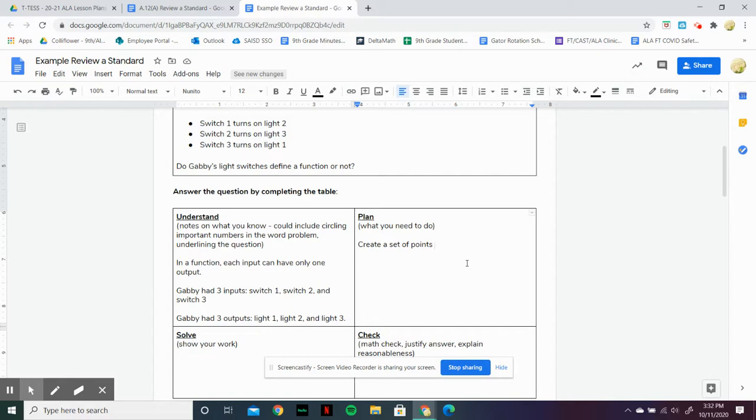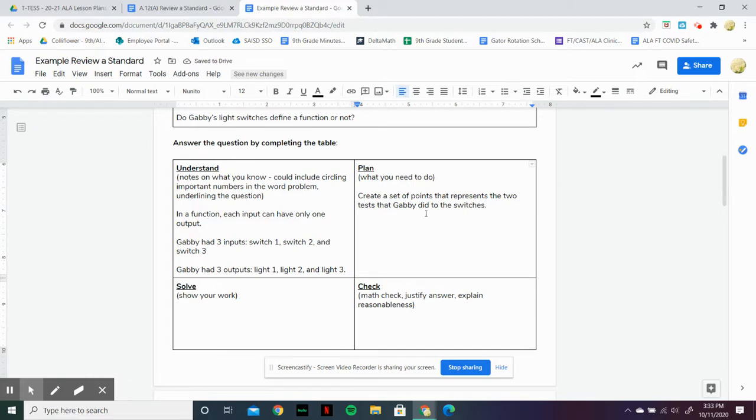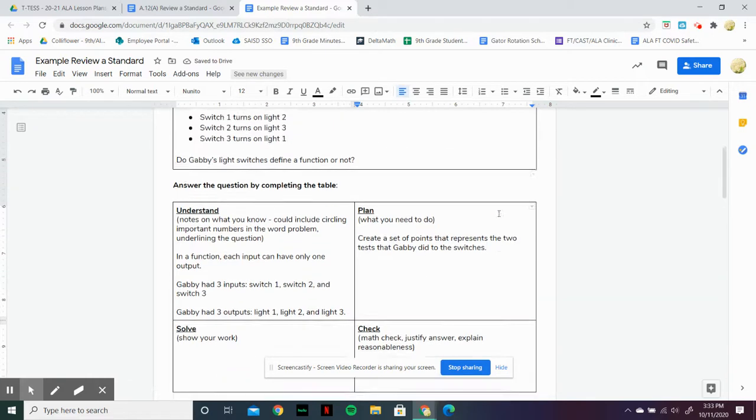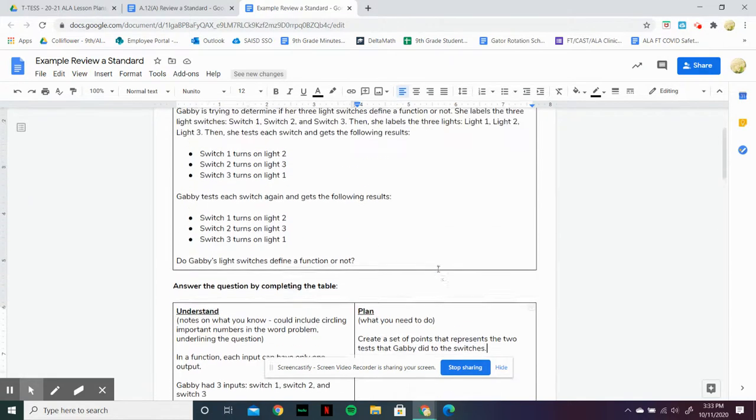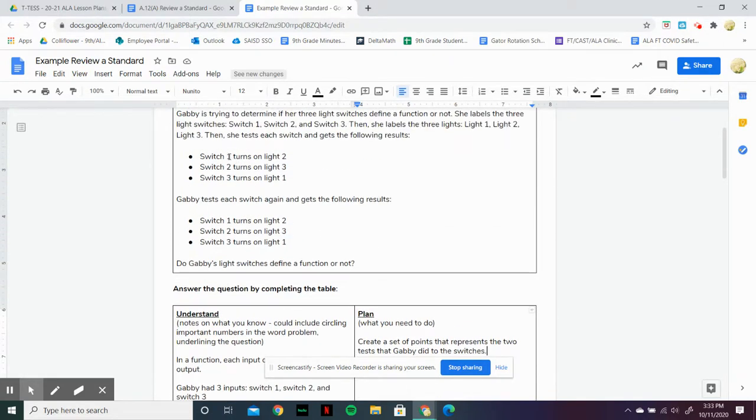So I'm going to create a set of points that represents the two tests that Gabby did to the switches. And the way that I'm going to create this set of points is my inputs are going to be the number of the light switch, like switch 1, and my outputs are going to be the number of the light.